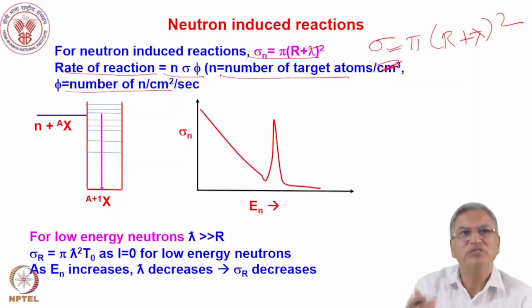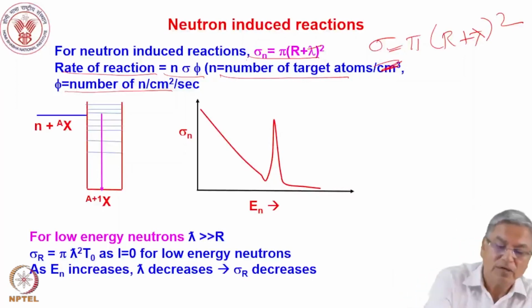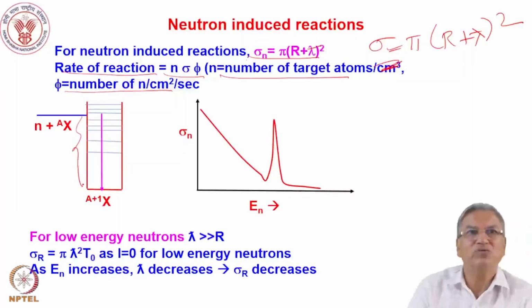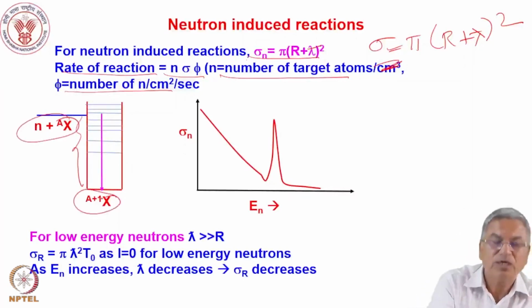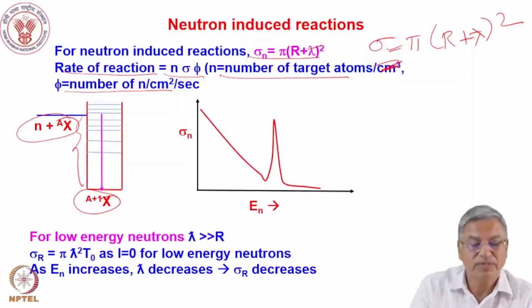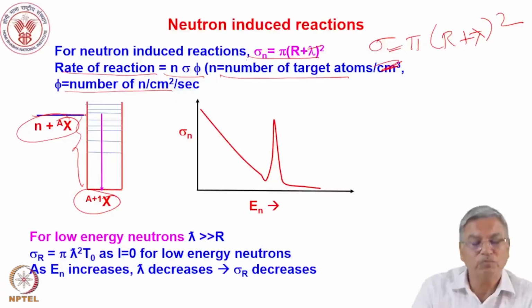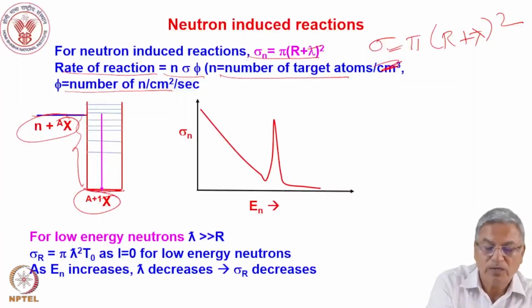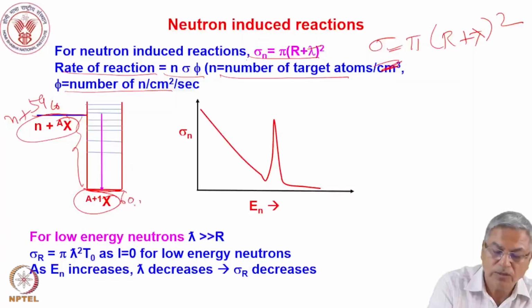Now let us go a little deeper into how the neutrons are captured by the nucleus. A neutron-induced reaction is always exoergic. Exoergic means whenever a neutron is captured by a nucleus, energy is released equivalent to the binding energy of the neutron in that nucleus. So neutron plus target nucleus has higher mass compared to the compound nucleus that will be formed. If you write this in energy terms, this is the mass of the neutron plus target, and this is the mass of the nucleus that is formed. For example, neutron plus 59Co gives 60Co in its ground state.